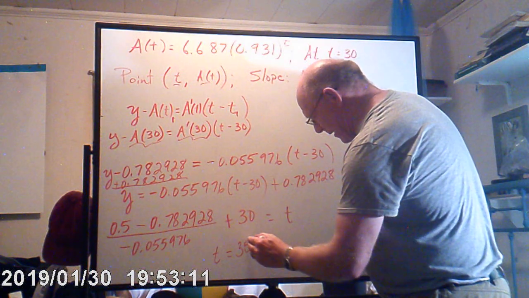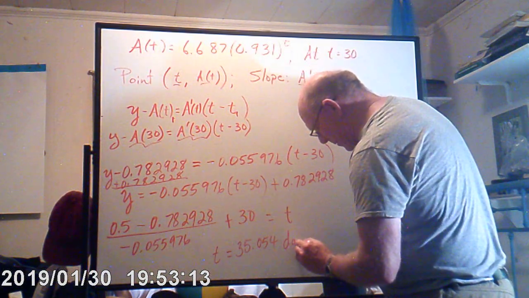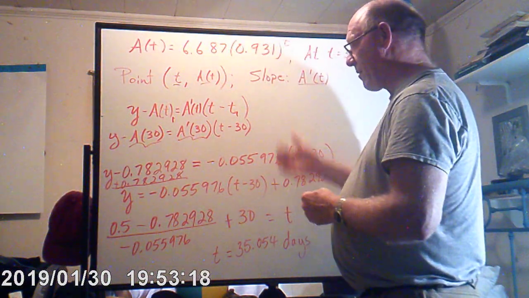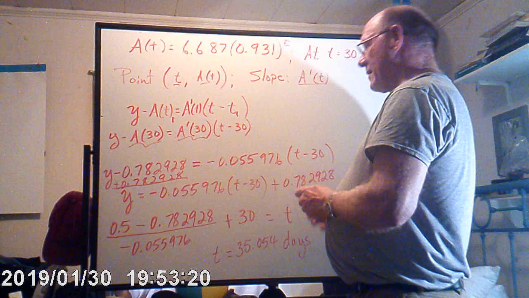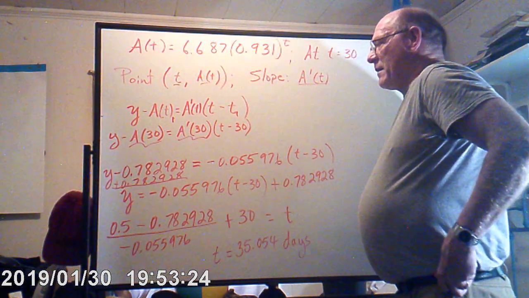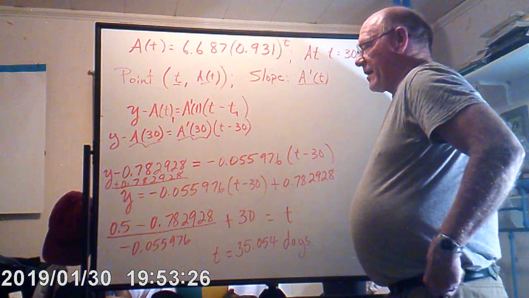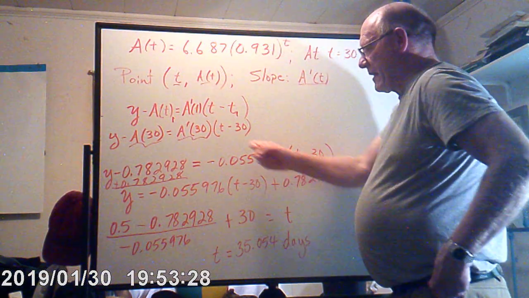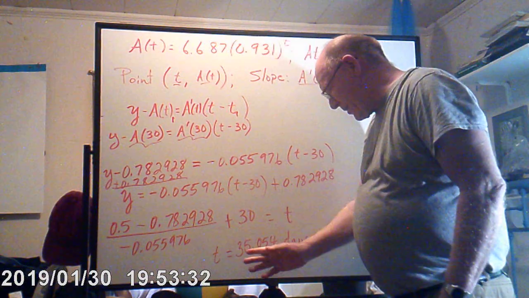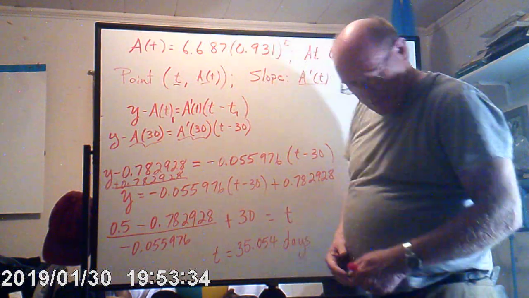This is the number of days, by the way, past when t is greater than 30. Well, okay, 35 days. Alright, and so that's at t equals 30. Actually it says how many days.